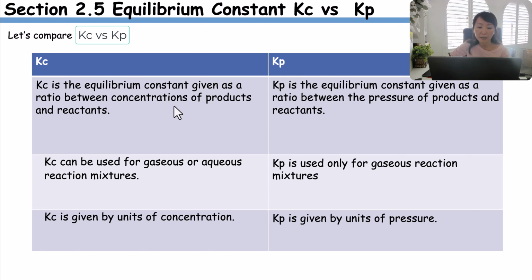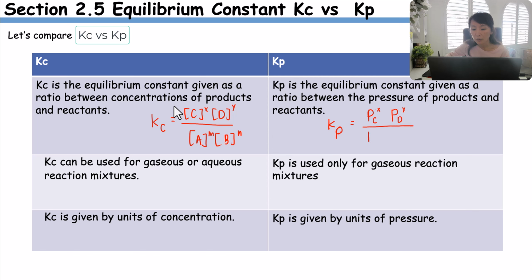So if I were to rewrite this, Kc has the products over the reactants, assuming that this is the reaction of C and D and A and B. Kp, you're just replacing the concentration with the partial pressure of C to the X power and the partial pressure of D to the Y power, and so on for the denominator, which refers to the reactants.